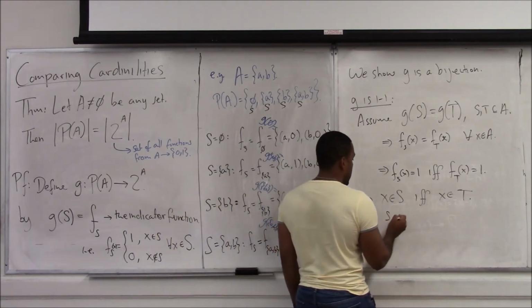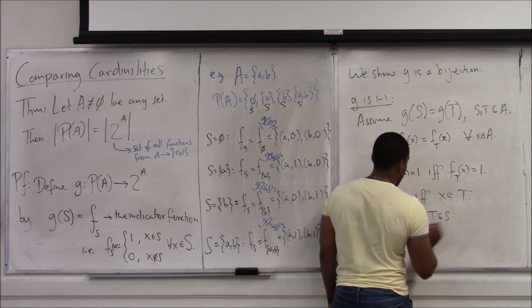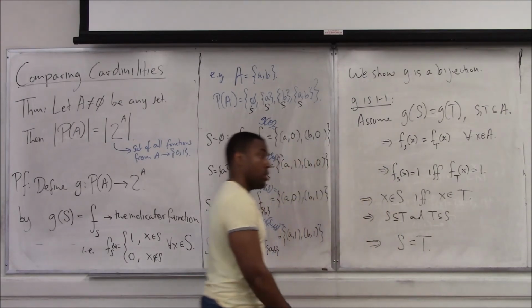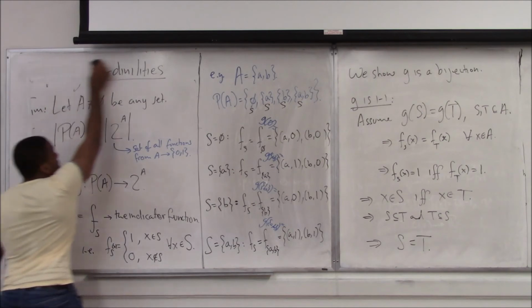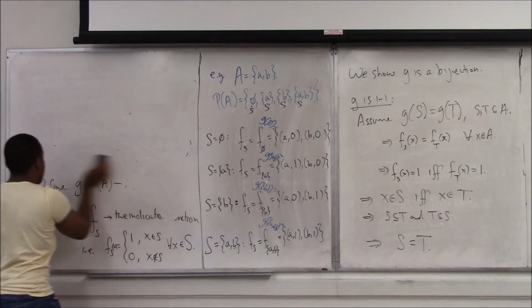This means S is a subset of T and T is a subset of S, which means S is equal to T. Let's do onto. Let's prove that every function will be mapped.